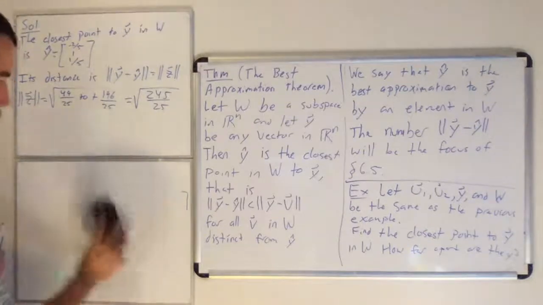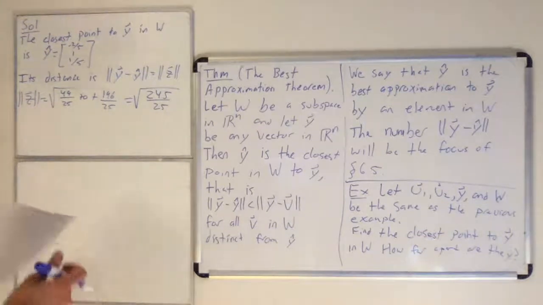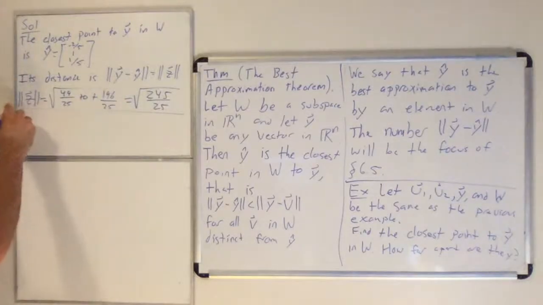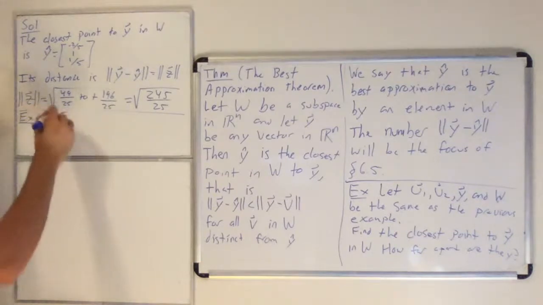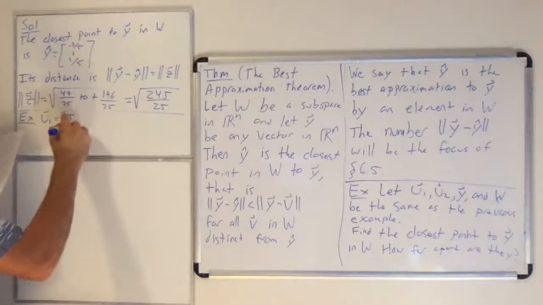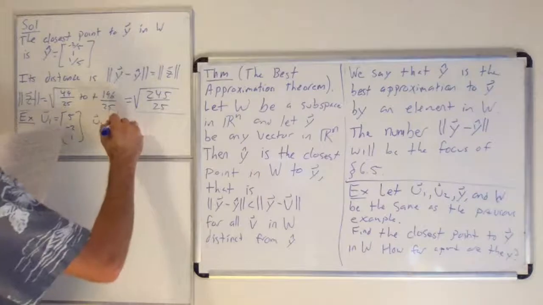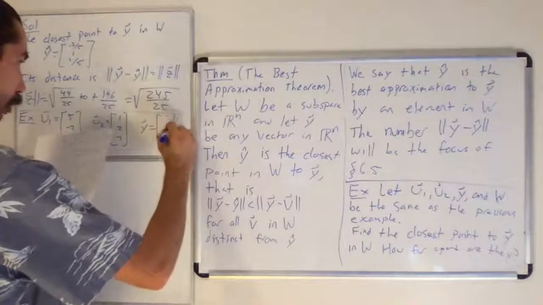All right, let's take a look at another example with different vectors. We'll let u1 equal 5, negative 2, 1. u2 equals 1, 2, negative 1. And y equals -1, -5, 10.